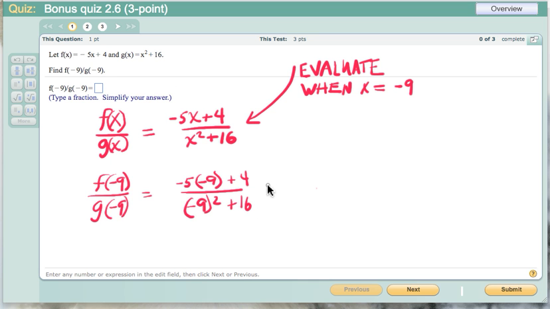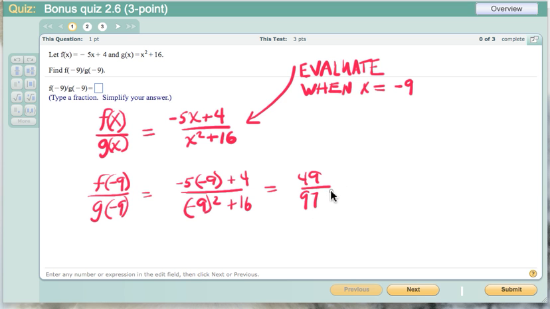Now we evaluate, we crunch that out. 45 plus 4 is 49. And on the bottom, 81 plus 16 is 97. And 49 almost goes into 97. Two 49s is 98.